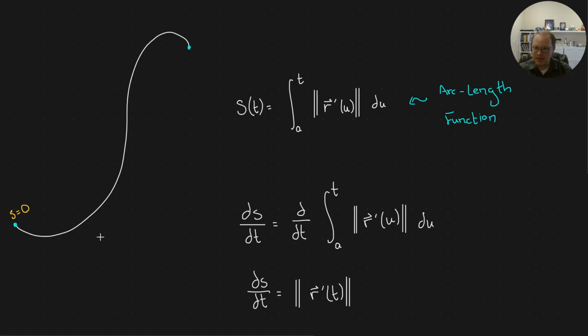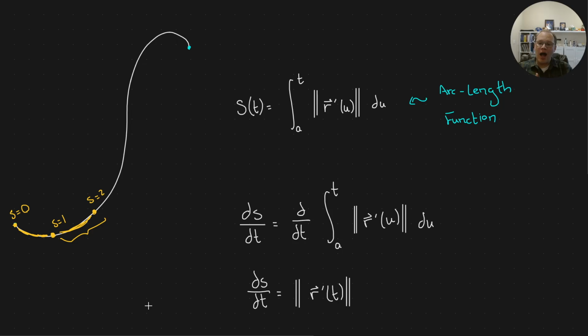Then we start at 0, because at the starting point we've gone 0 units. If I go to s equals 1, then I have traveled 1 unit along the curve. If I travel 2 units along the curve over here, now I'm at s equals 2, and so on.